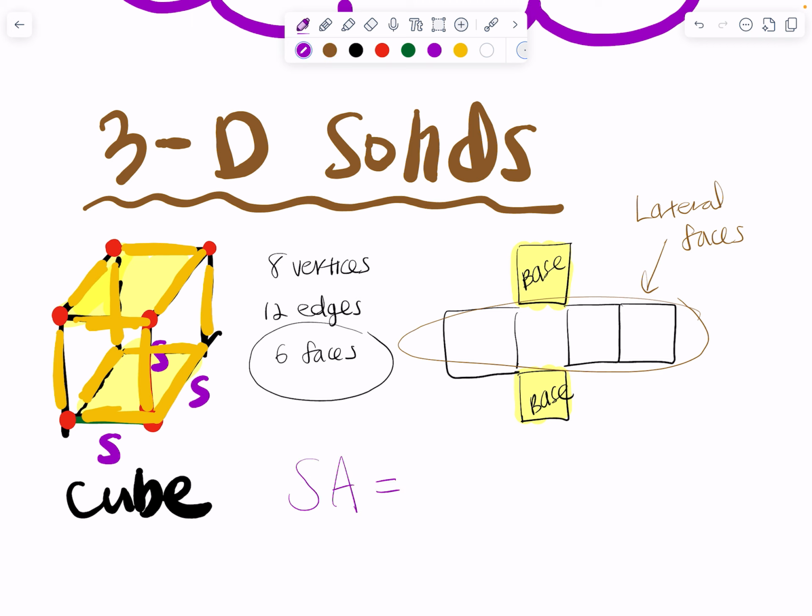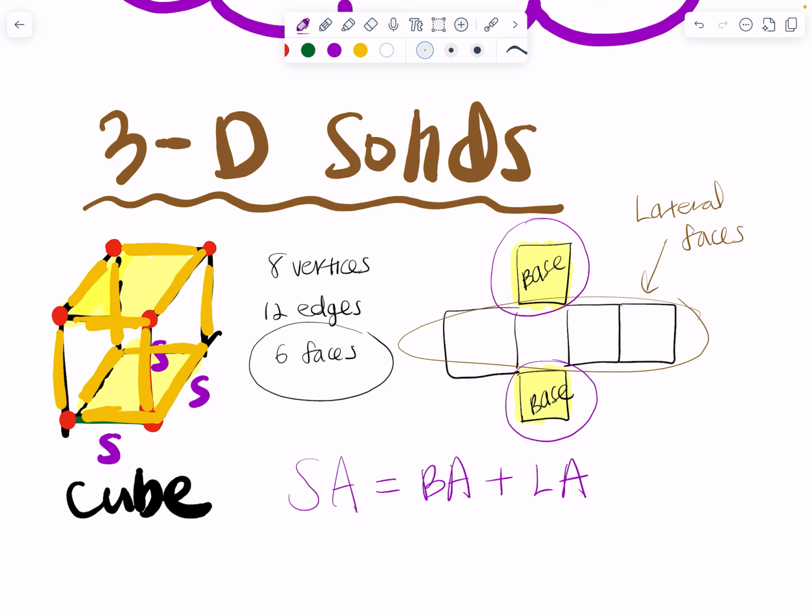Surface area is found by finding base area and, meaning addition in mathematics, lateral area. Surface area is a combination of base area and lateral area. And what we call SABALA. We're good?